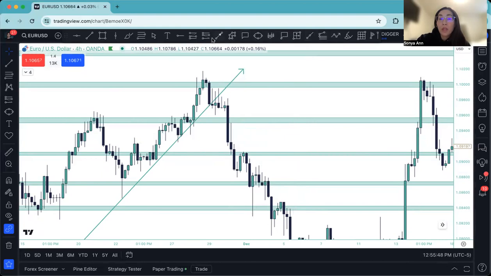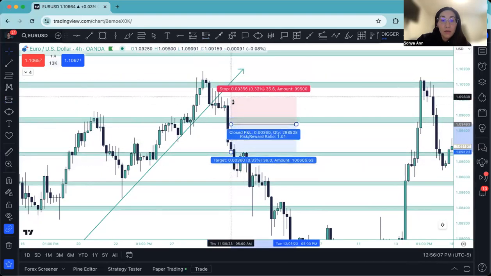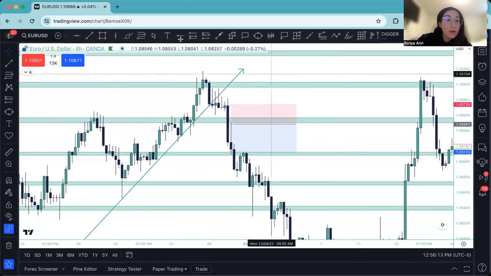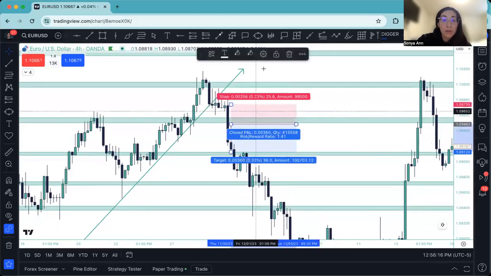So let's get the short position. Typically in a smaller time frame, you would see that rejection and you would be entering right there. And then you just put it right there. So let's go to a smaller time frame.